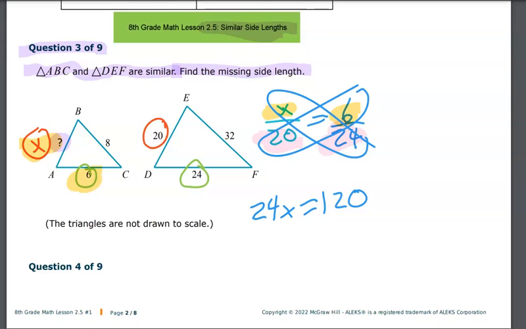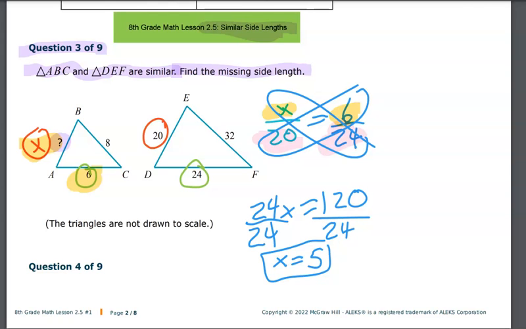This is how I'm going to be able to solve for this missing side length. Just like solving an equation, I'm going to divide by 24. I divide this by 24, x is equal to 5. So my answer is 5.